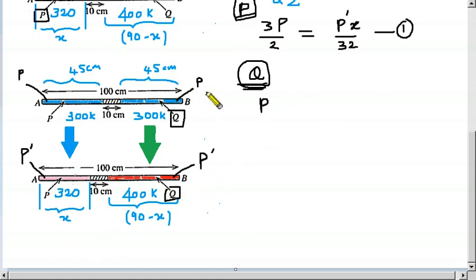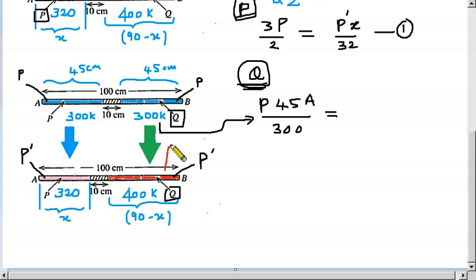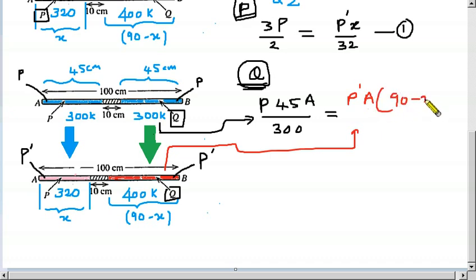So the pressure is P, times volume 45 times capital A, divided by 300 Kelvin. These values are equal to this one: P2 is P dash, volume is A times (90 minus X), divided by temperature 400.